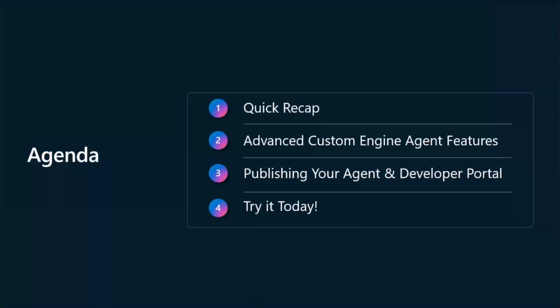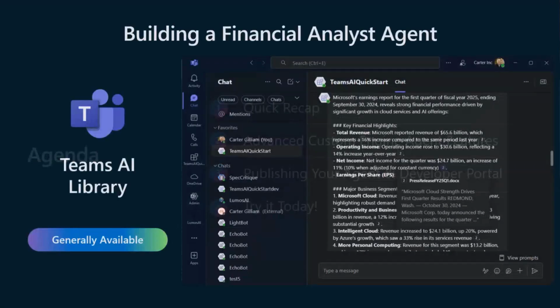For today, we'll do a quick recap of what we went over last week, and then we're going to go over some advanced custom engine features, including building an AutoGen agent team. And then we'll round it out with publishing your app and utilizing the developer portal. It will give a nice whole picture from beginning to end of the whole life cycle for building and publishing your app.